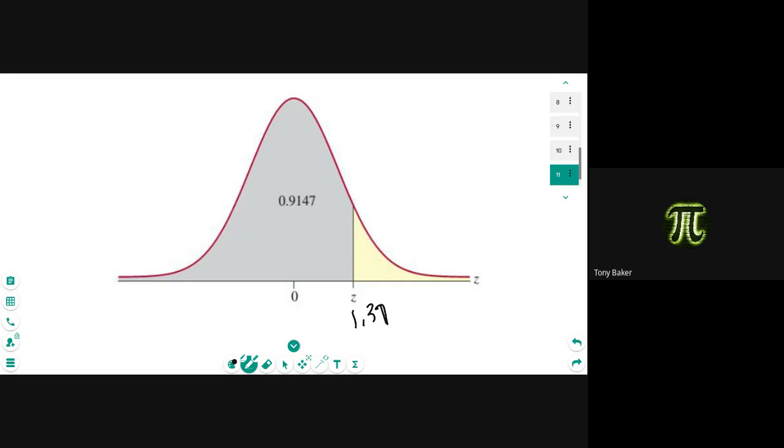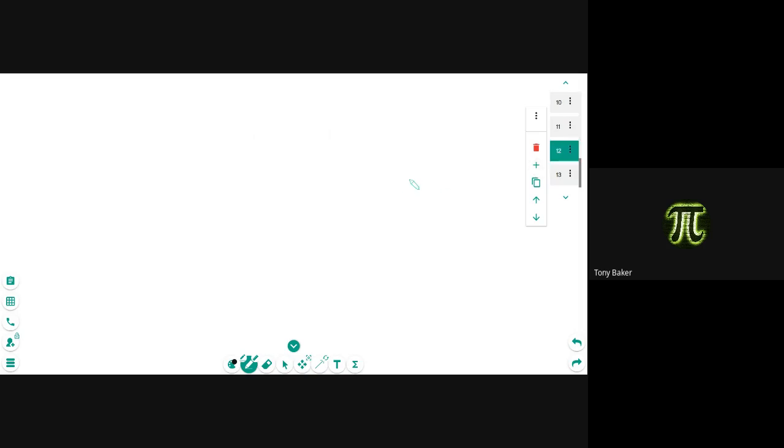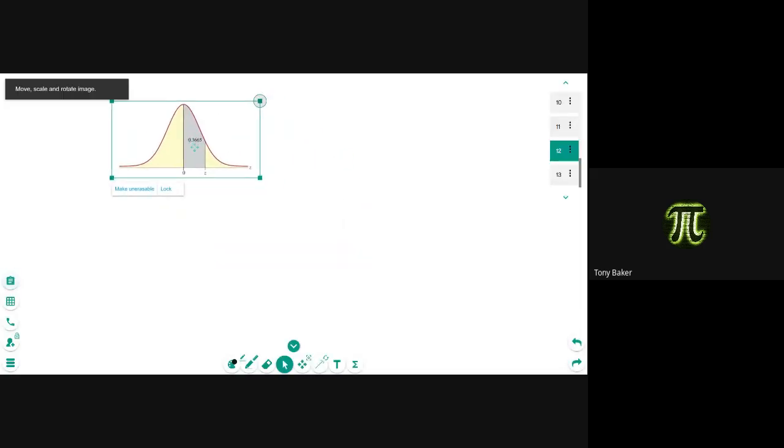Let's do one more of these before I go on to the next one. Z is not a probability. So you can't add the Z to the probability and get anything. It's a number of standard deviations from the mean.